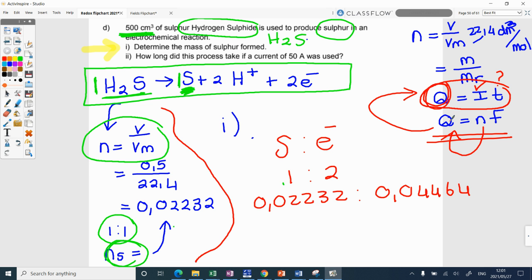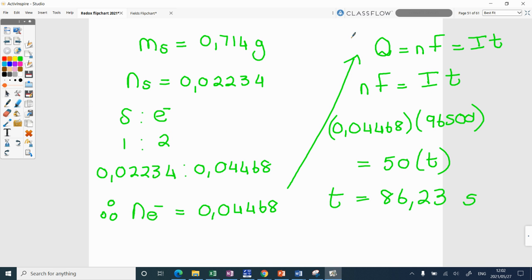Remember, in a Q equation, we can only use the moles of electrons. For this equation, Q = nF, I was lazy to do it twice. Because Q is nF and Q is It, we can actually say that nF is It. You can do that in the exam, or you can do it in two steps. We have these moles because we worked it out with our ratio, times Faraday's constant, and the current is 50.